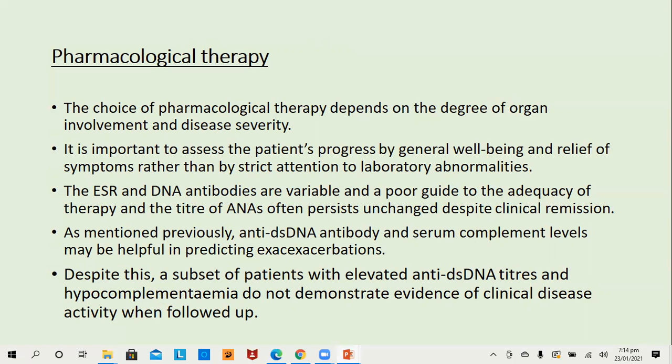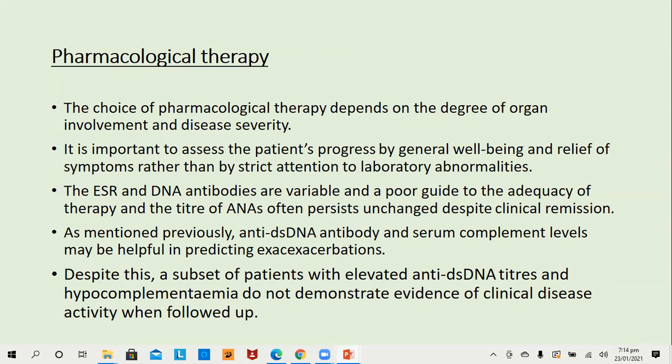So it is always important to check the patient's well-being rather than the laboratory parameters. ESR and DNA antibodies are variable and a poor guide to adequacy of the therapy. The titer of anti-DNA antibody often persists unchanged despite clinical remission. So again, importance should be given to the patient's well-being.